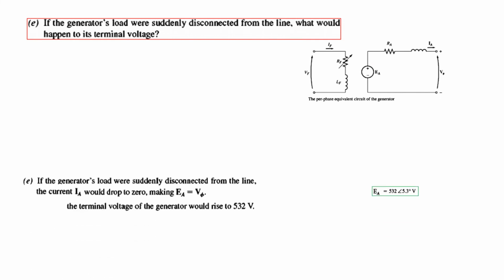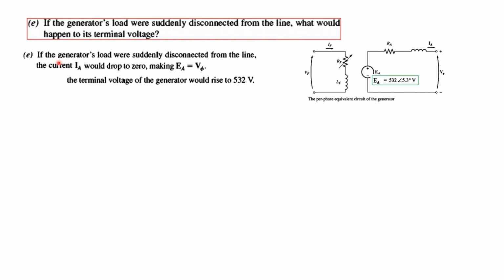So let's see. The current IA would drop to 0, because there is no closed path, making EA equal to V phi, so the output voltage will be the generated voltage, which was 532 that we calculated.